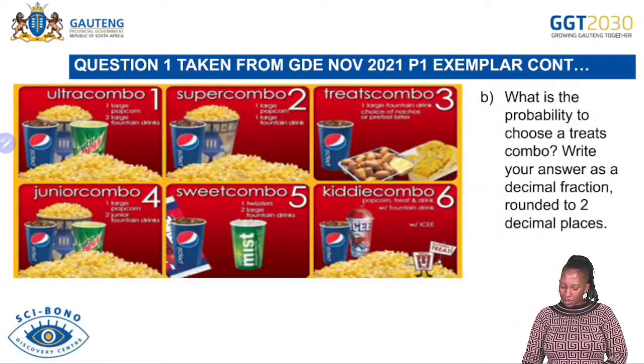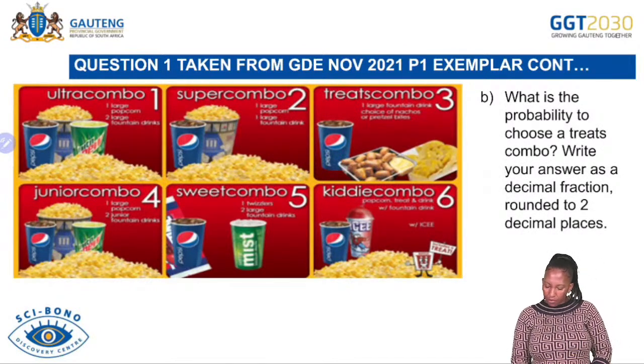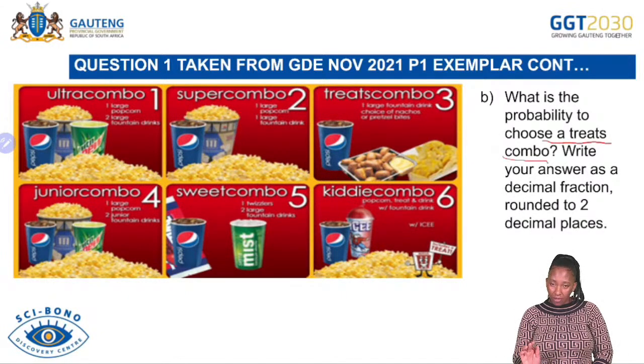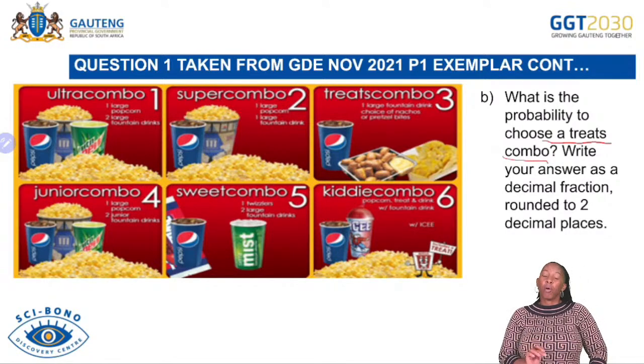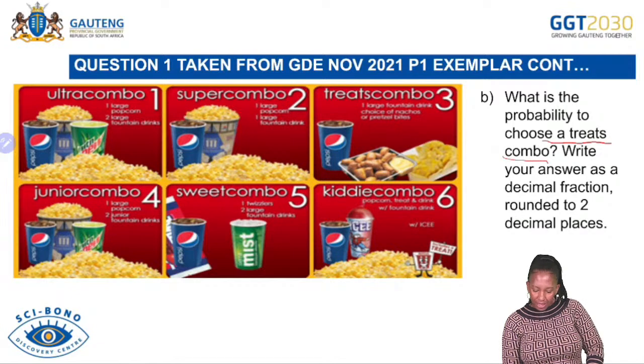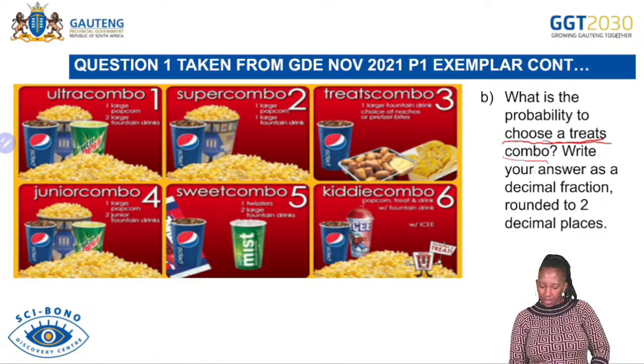The next question says, what is the probability of choosing a treat combo? Now you see what I'm looking at. Remember the first one was saying a combo that contains popcorns. Now this one says the probability of choosing a combo that is a treats combo.